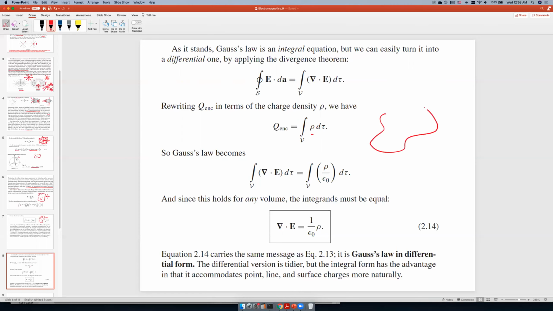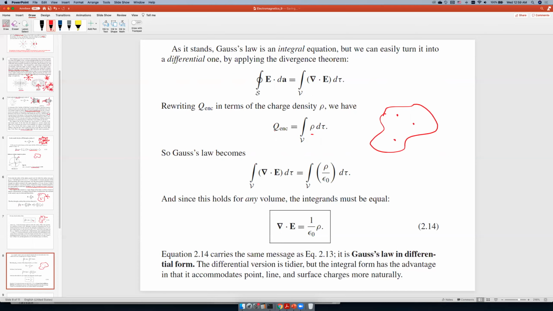Let's see, if you have a surface here, if you have some charges, then the charge distribution density is a function, rho. And when you do a volume integral of the charge density, you will have the sum of the charges, which is Q enclosed.